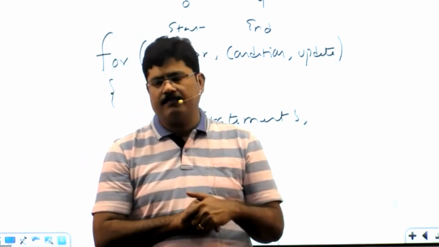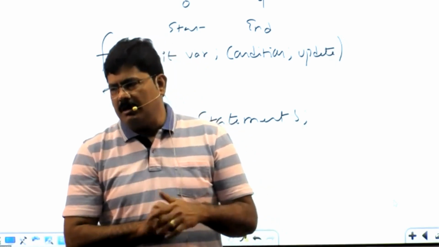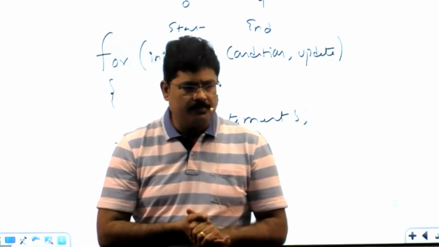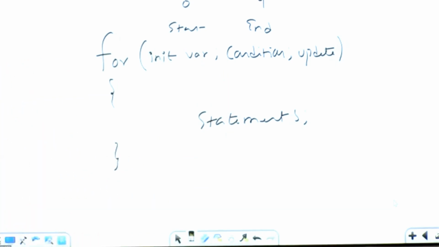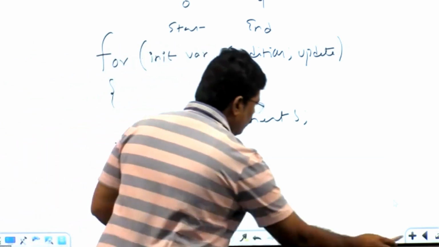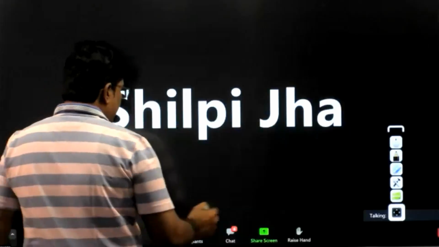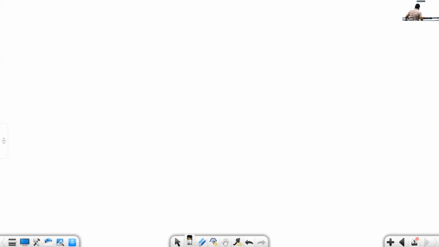Take the notes about it. For each loop is used to run the code for each element present in an array or an array list.